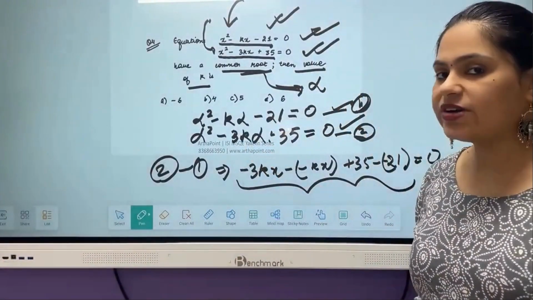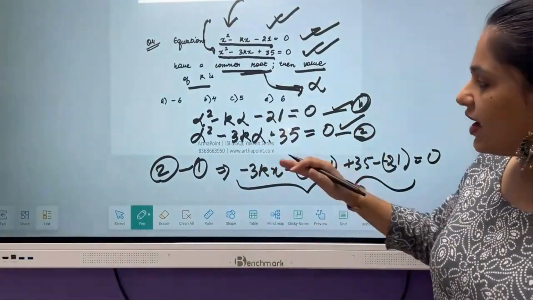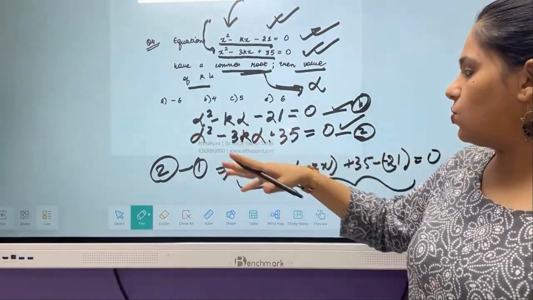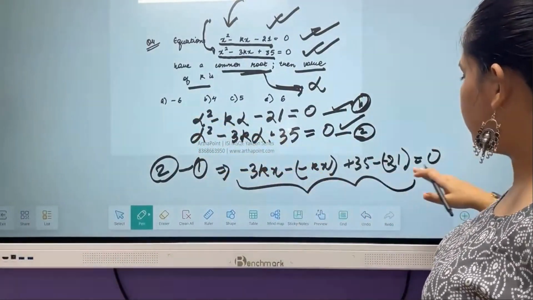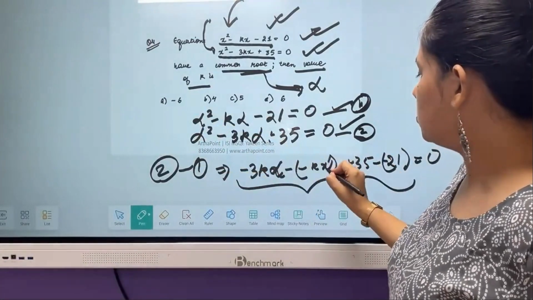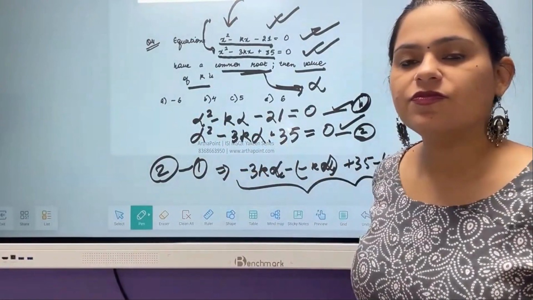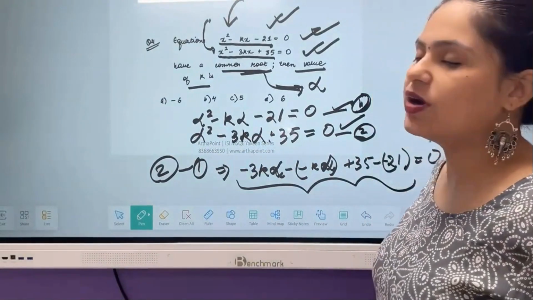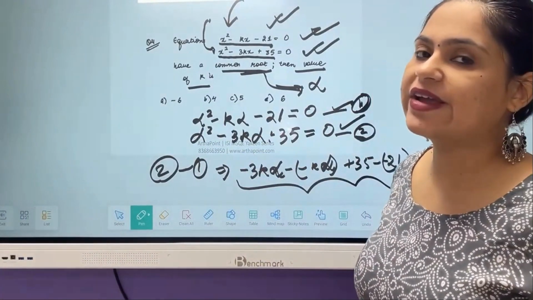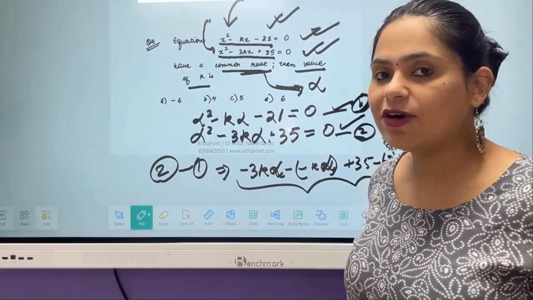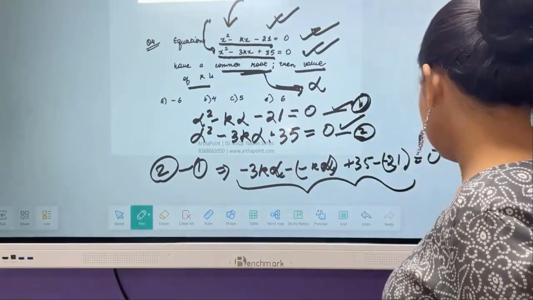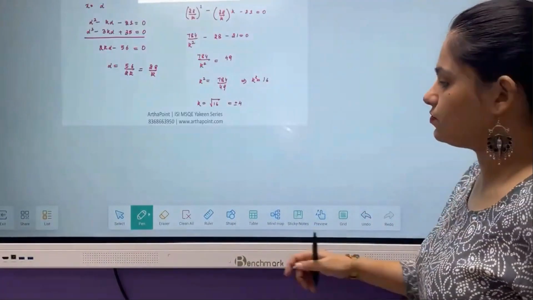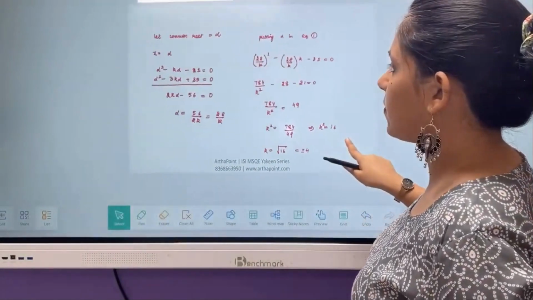So beta, now what has happened here is that I have got rid of alpha square and I am just left up with this equation. From this equation, what you can go ahead and do is find k in terms of alpha or alpha in terms of k. So let us try to see what I have done. Look here.